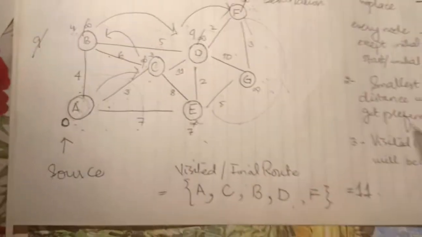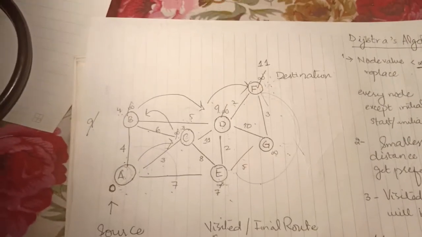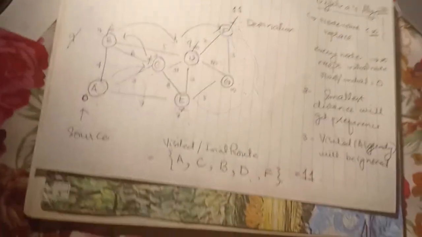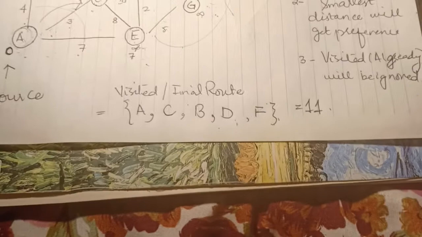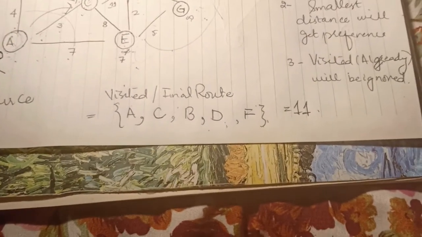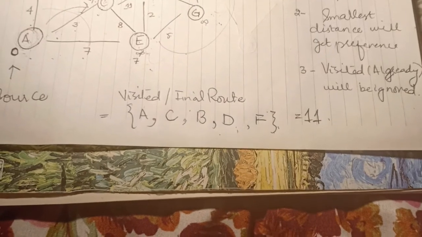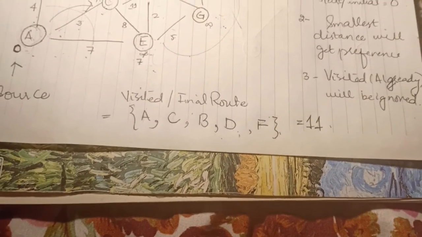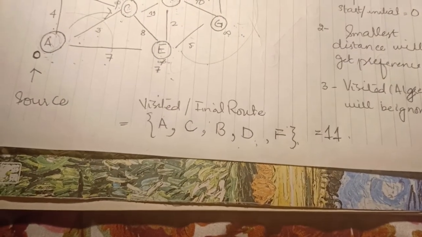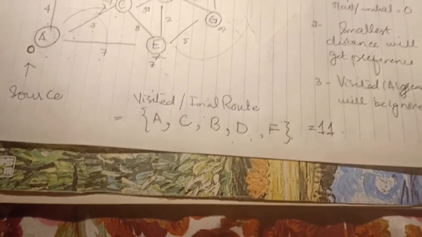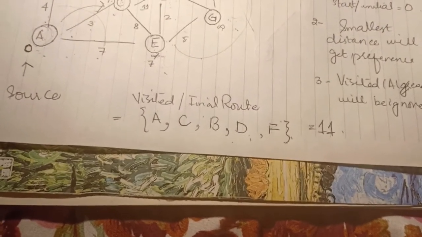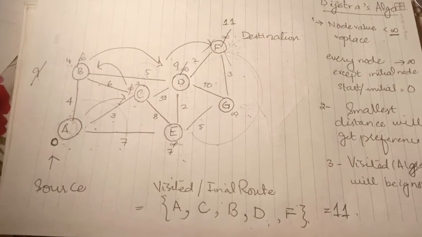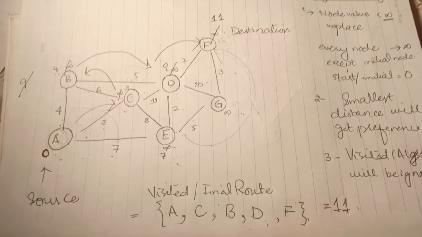So this is all about Dijkstra's algorithm, a very famous algorithm in artificial intelligence for distance measurement. When you want to maximize efficiency and profit, this algorithm is really worth it.